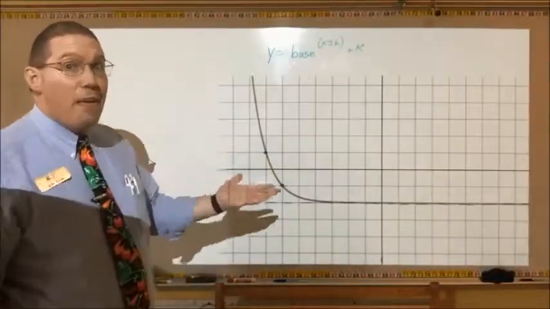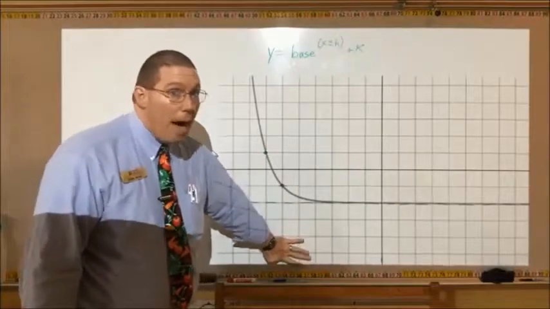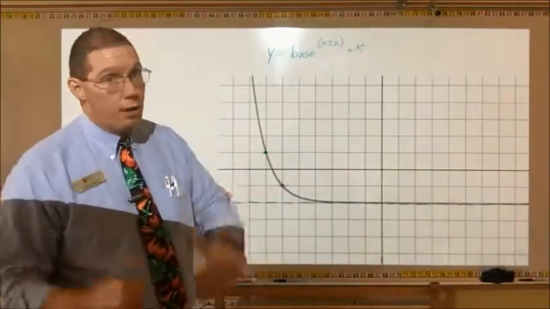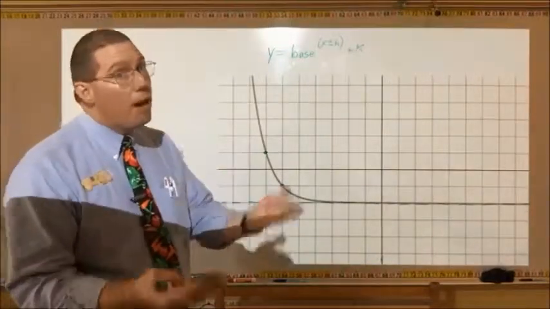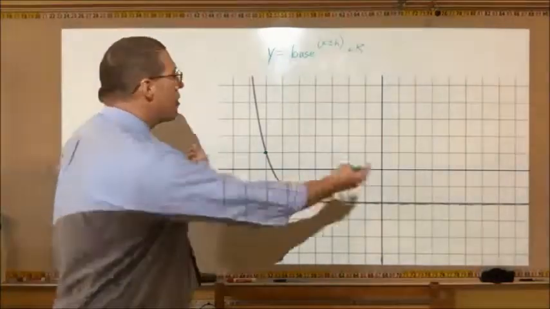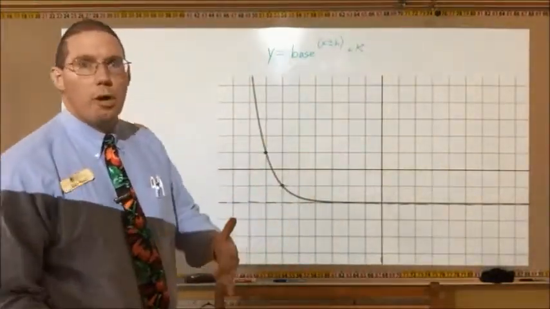Now, if this graph was upside down, if it was on the bottom of the asymptote, then I wouldn't want to be under the curve. I'd want to be above the curve. I know that sounds crazy, but you have to understand that every single time you reflect this thing, you change where you want to be.